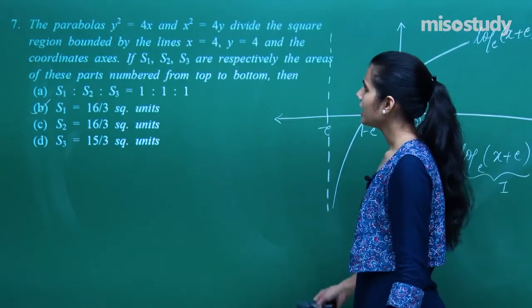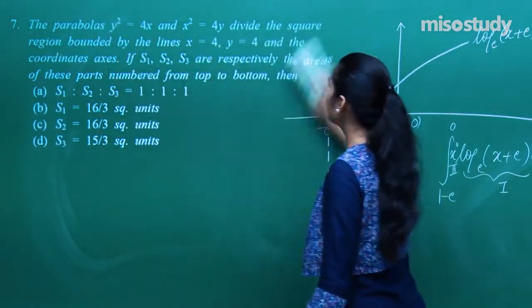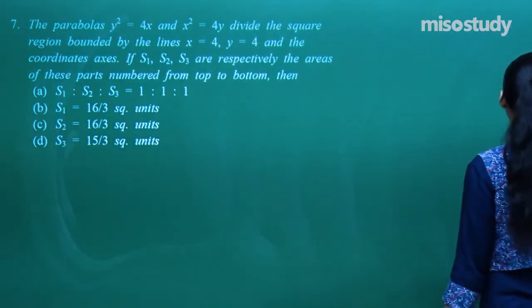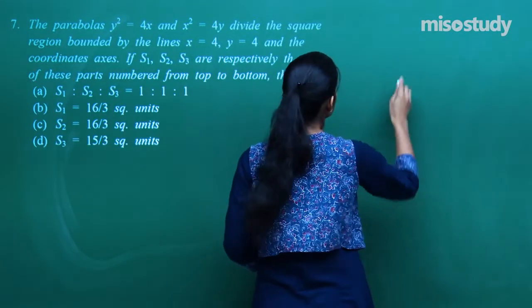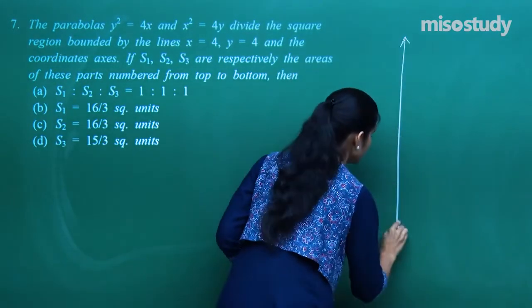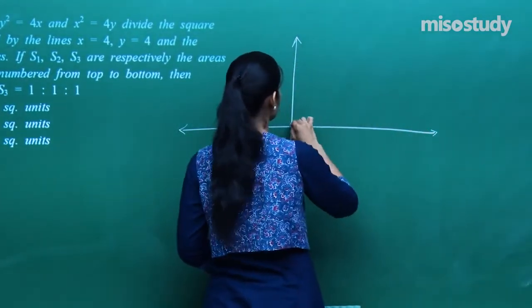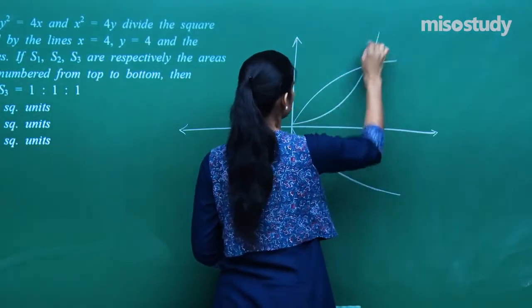Moving to the next one, we have these parabolas divide the square region bounded by the lines this and the coordinate axis. Okay, let's try to understand what this is trying to say. I know the two parabolas. It's pretty convenient to understand they are two standard parabolas. One is this, other is this.